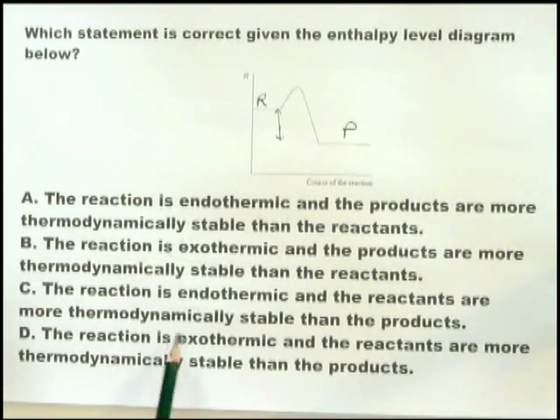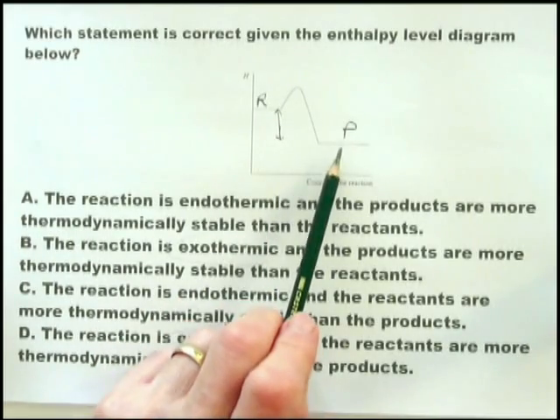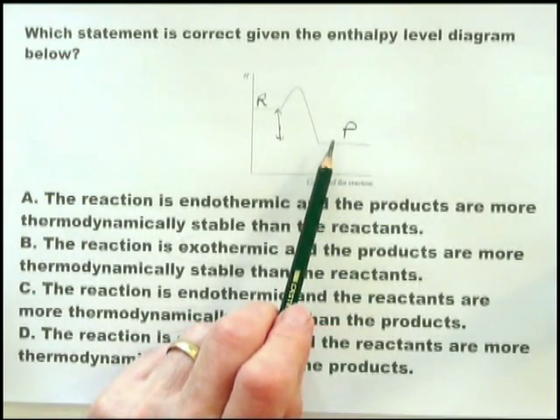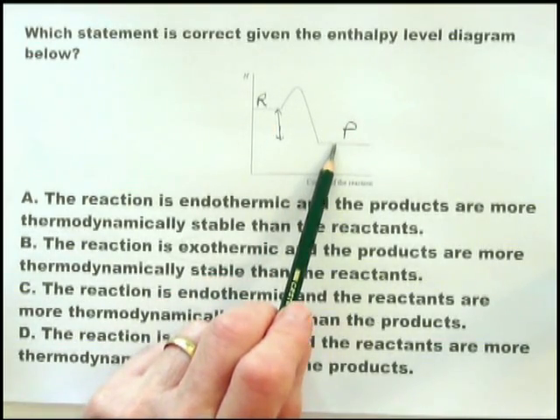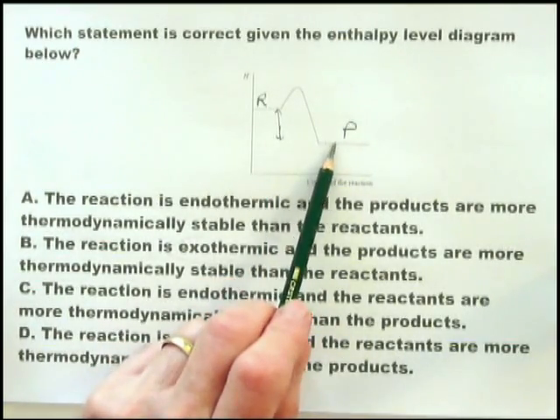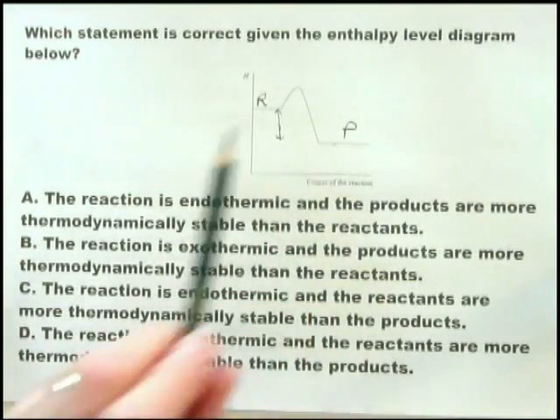At the same time, you know that the products are more stable than the reactants. They have less chemical potential energy than the reactants. So you're looking for exothermic, more stable.